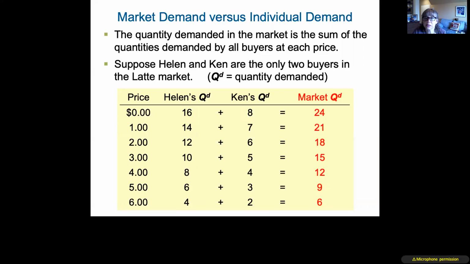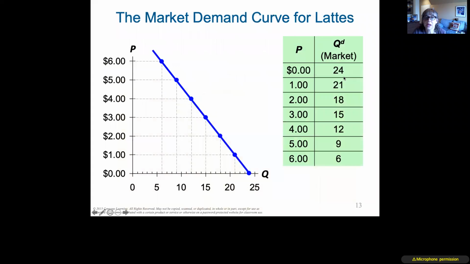By knowing the market demand, we can now create a market demand curve. Whereas before we had Helen's demand curve, we now would plot each one of the points just like we did before. And remember, in that market, they didn't perform exactly the same, did they? They were not behaving exactly the same.